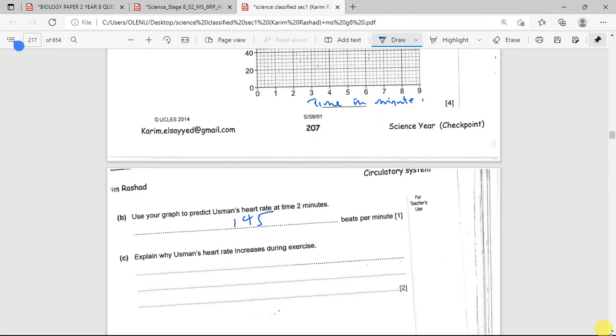145. Now explain why Usman's heart rate increased during exercise.